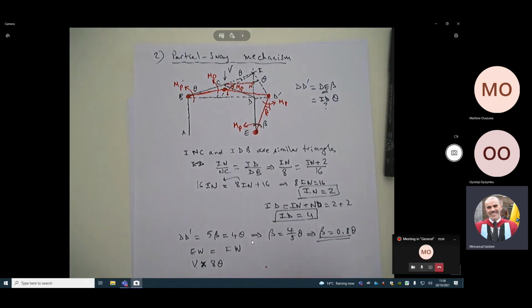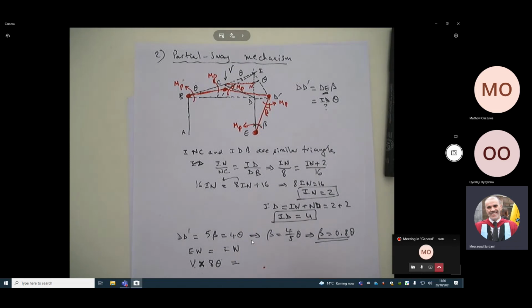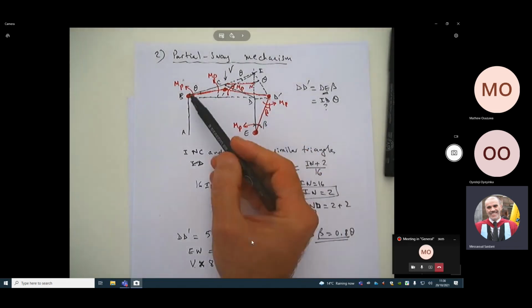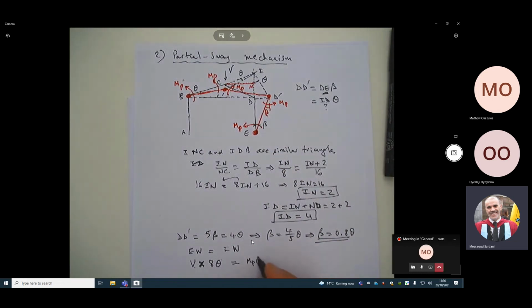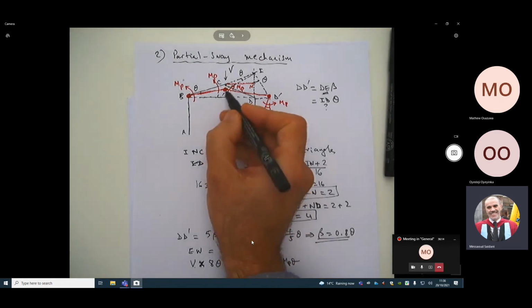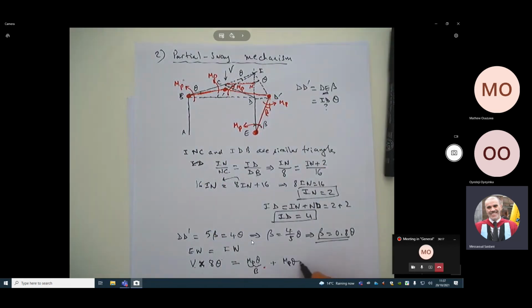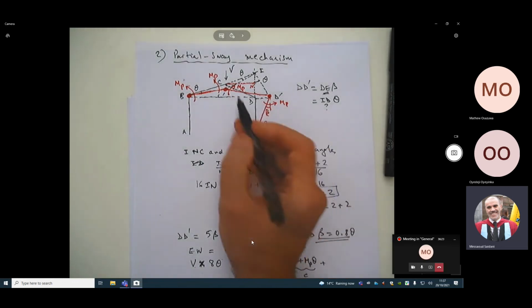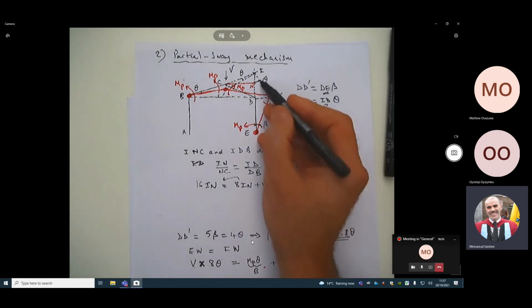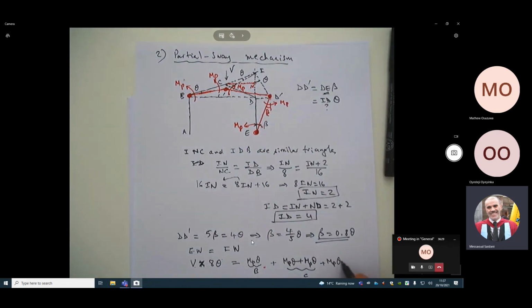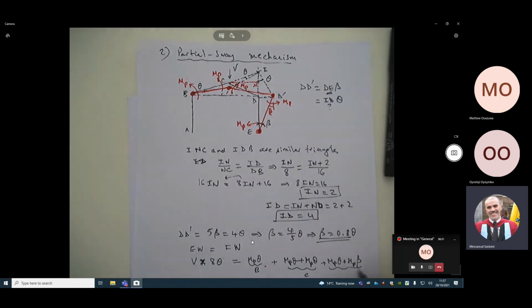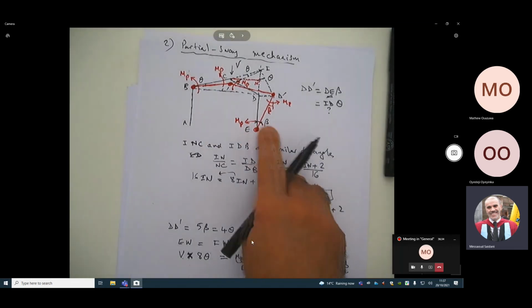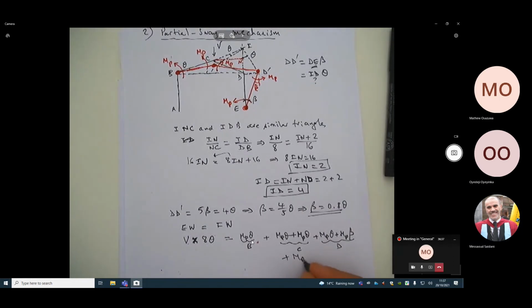This equals 2 MP theta at joint B. Then at C we have MP theta and MP theta. And at D we have two members, member CD and member DE, so we have MP theta and MP beta. This is at joint D. And finally, for joint E, we have MP beta.